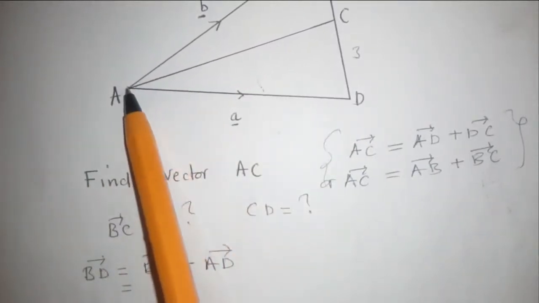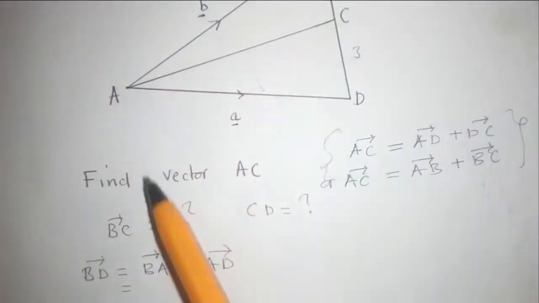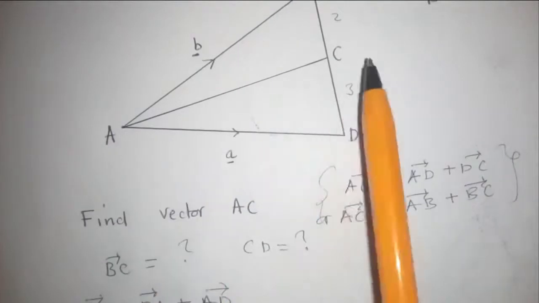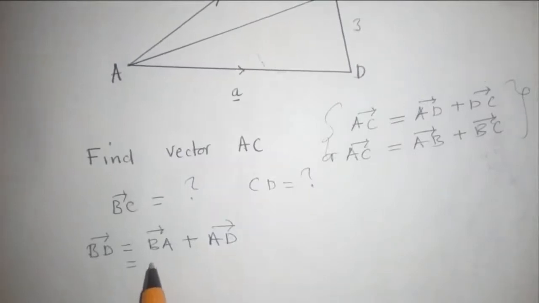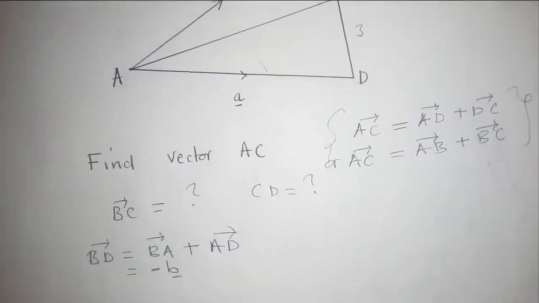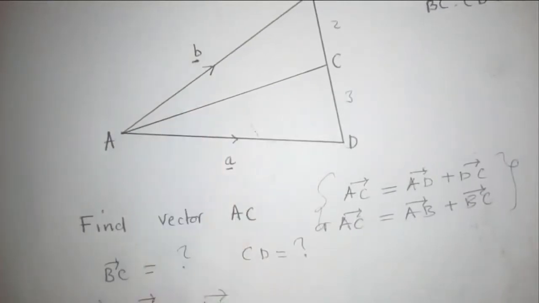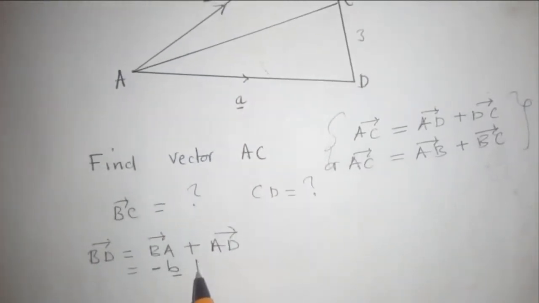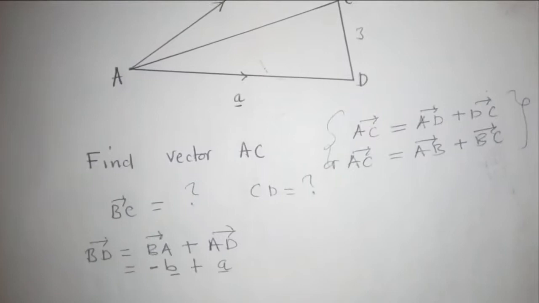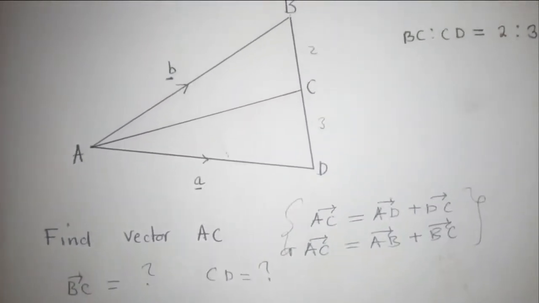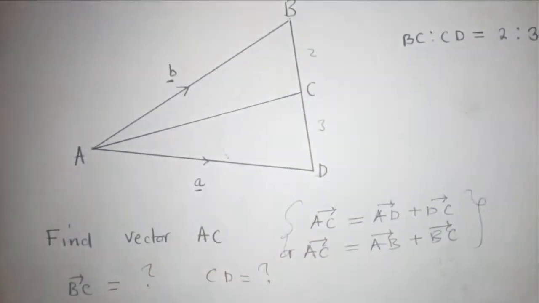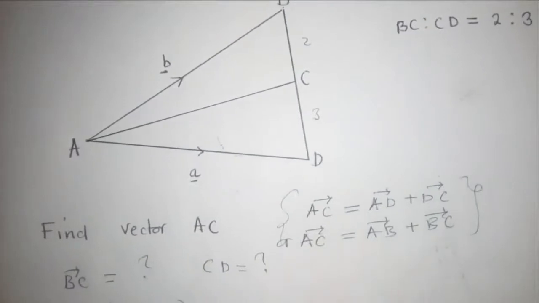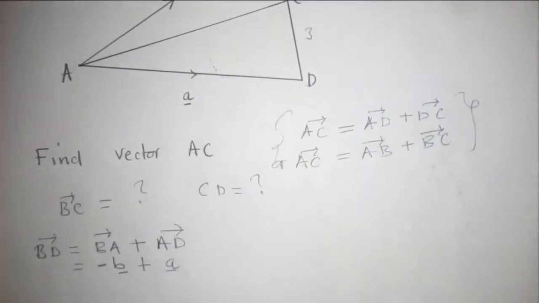This vector is coming from A going to B, but here we want the opposite, from B to A. To show that this is opposite, we put a negative vector B, plus our AD, which is vector A. So we have found vector BD, from B to D. Direction is very important.